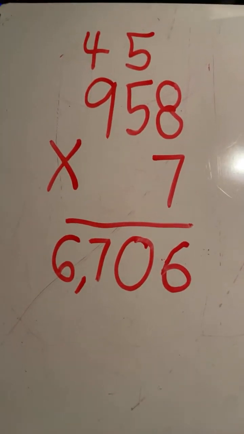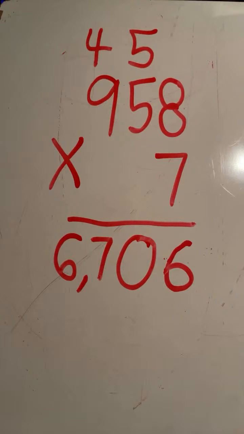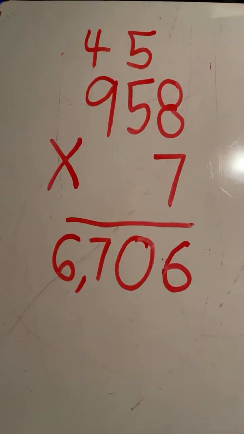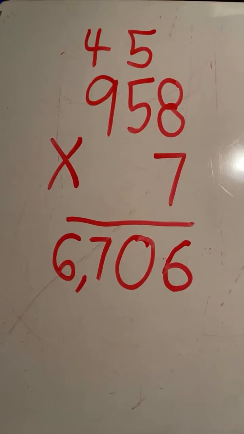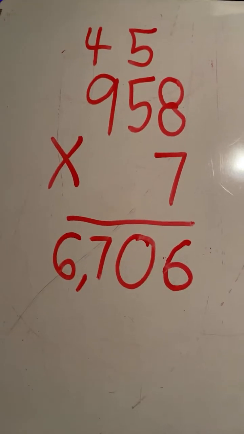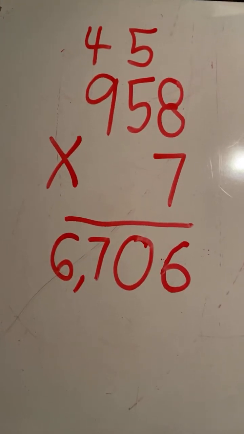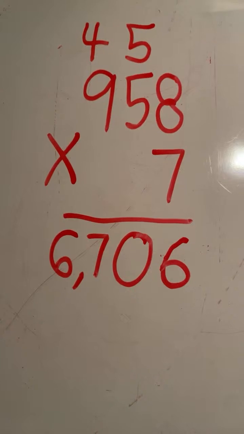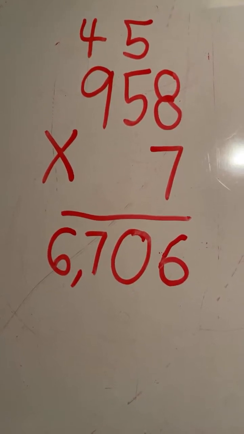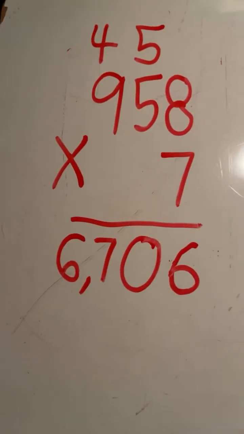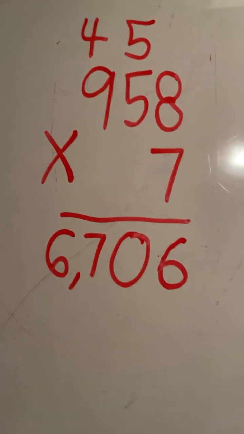Again, 1 in the chat if you want me to stop, 2 if you want me to keep going and do a couple more examples till we pass the 10-minute mark. If I see nothing in the chat in 5 seconds, I'm going to continue. 3, 2, 1. Alright, I'm assuming that you want me to continue, so I am going to continue.